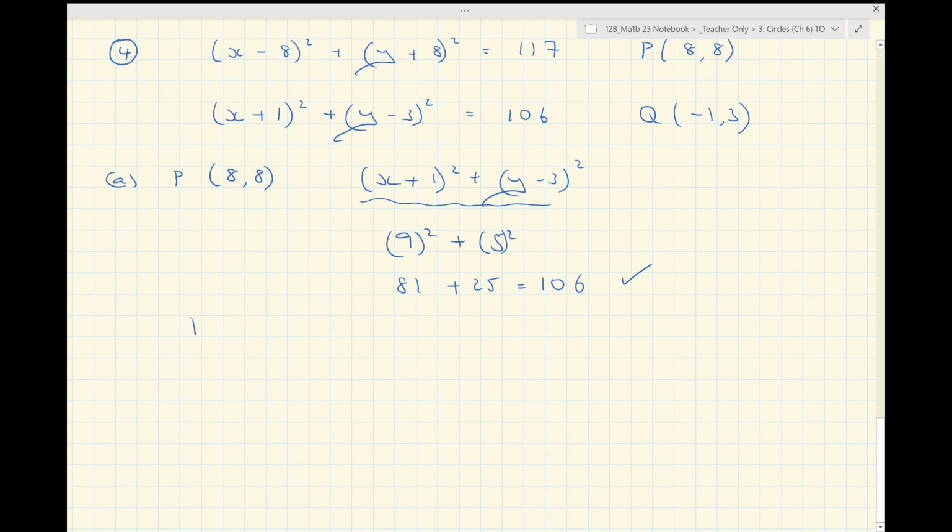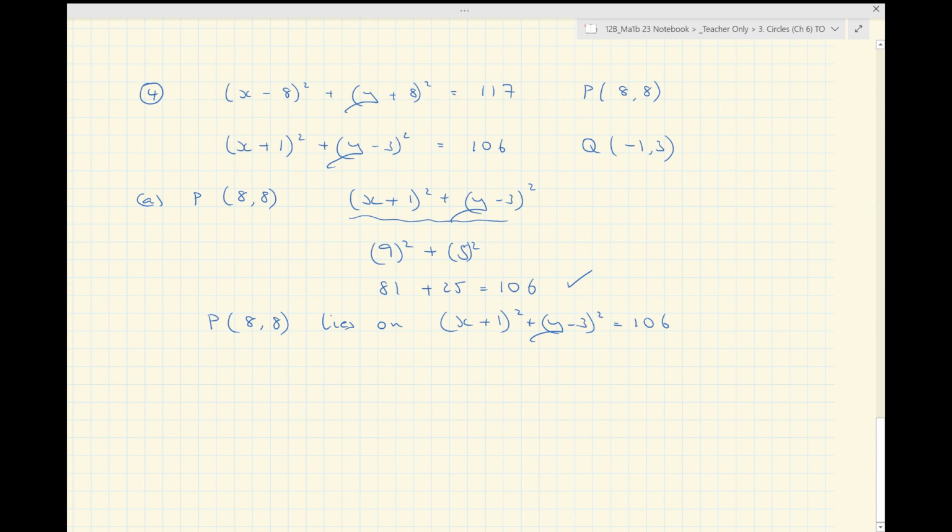So I can say that the centre of that top circle, P, does lie on this bottom circle here. And that's interesting. So the centre of one circle lies on the other.